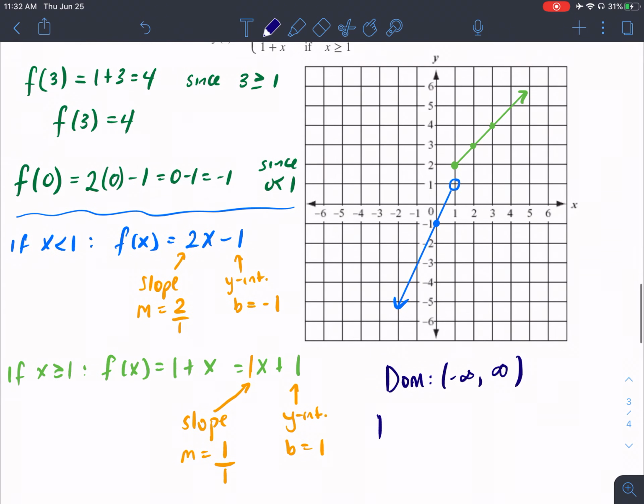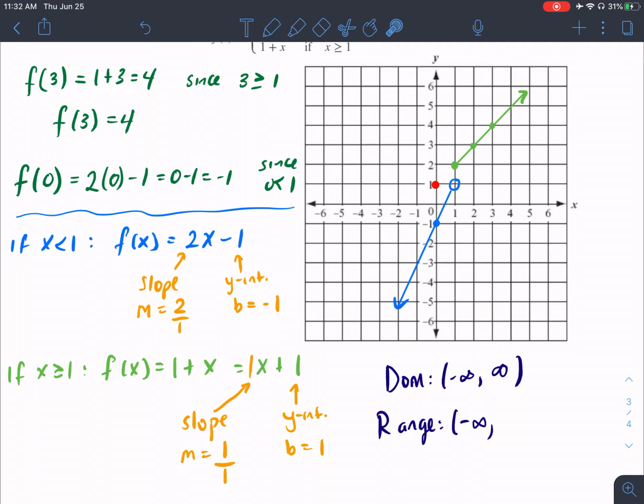If you wanted to do range, you would say, okay, let's look at the y values. Is there a smallest y value that's part of my graph? Nope, because the arrow says this keeps going down forever. So there is no smallest y value. That's an output. And then I keep going and I say, okay, what about when we get to this little weird break here?